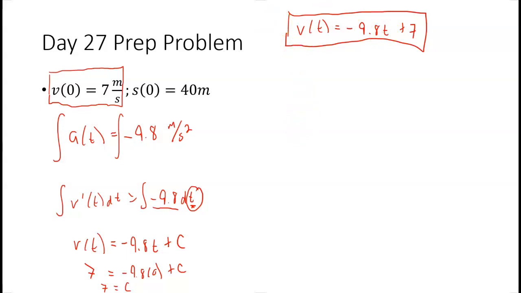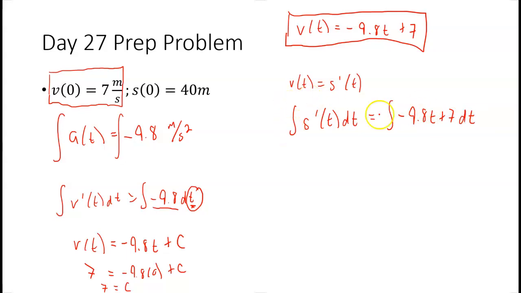From here, we can actually find the equation for height or distance because velocity is the derivative of position. So we can use the same trick again. I'm going to integrate both sides of this equation. So the integral of velocity is the integral of negative 9.8t plus 7 dt. We could do the same thing to both sides.